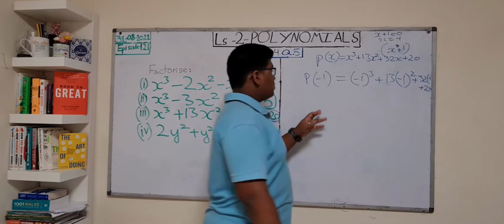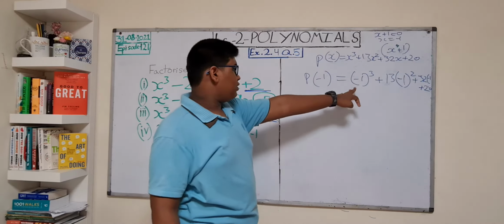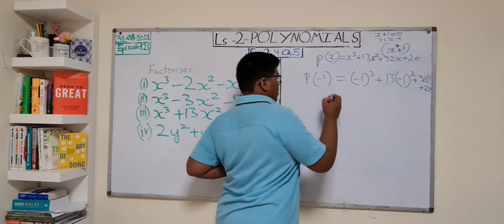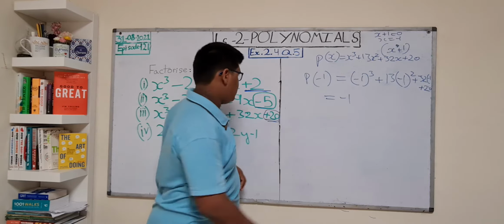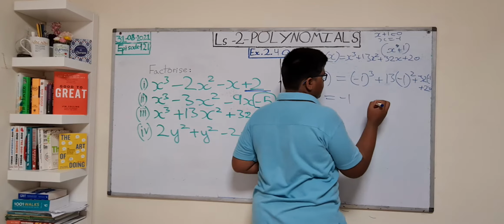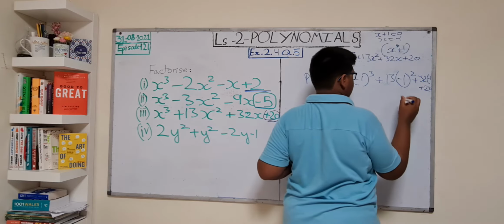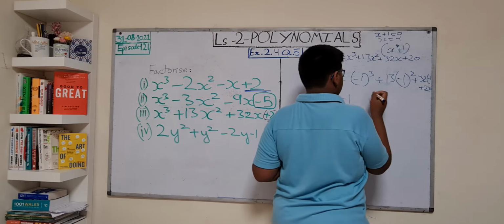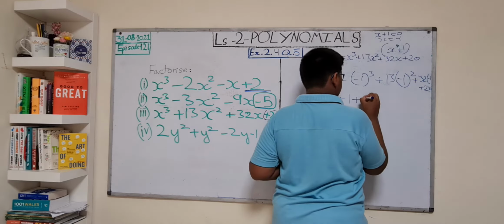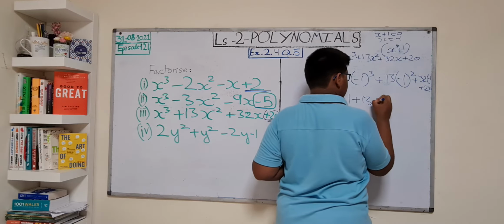Now if we take the cube of minus 1, that will be minus 1 itself, right? Because we have done that in many questions. Then we have plus 13 into minus 1 square. So minus 1 square means 1, right? So 1 into 13 will be 13 itself.